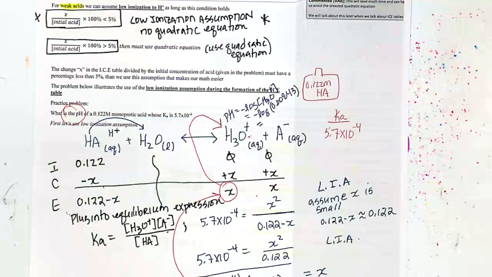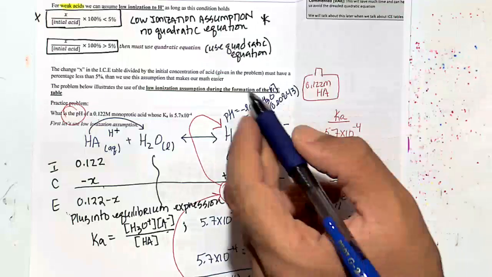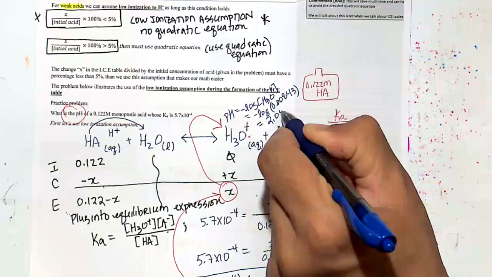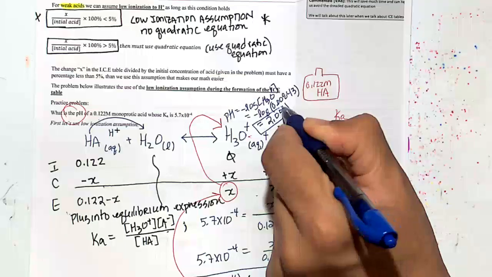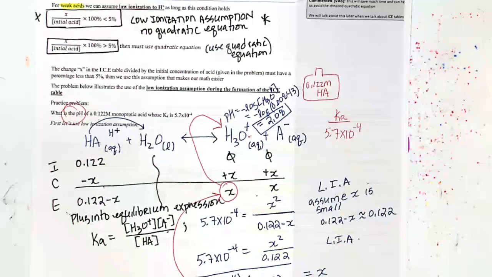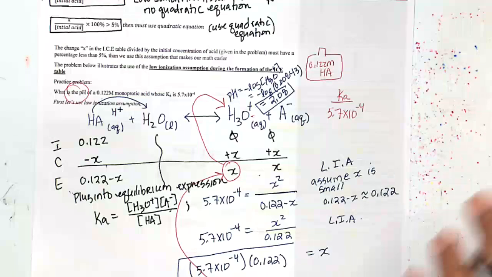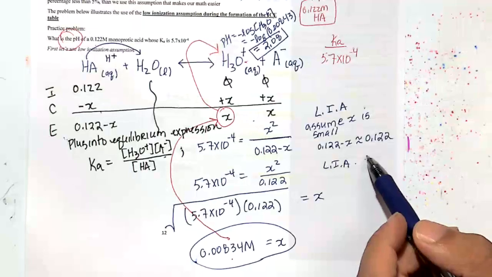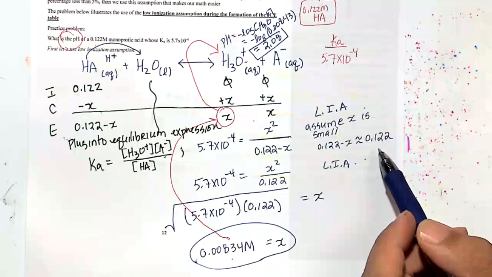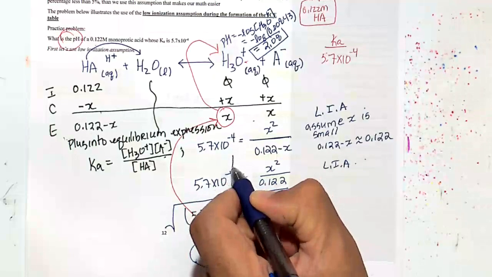I'll do that quickly here. 2.07, 2.08. And that should be the answer, but what did we do? We made an assumption here. Let's test our assumption.